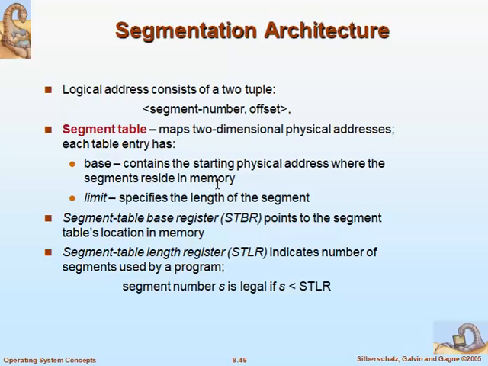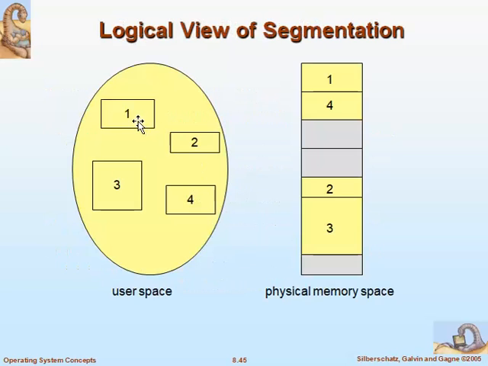So base will contain the starting address of the physical address where the particular segment will reside. And limit specifies the length of the segment. So the segment table will contain two important pieces of information.